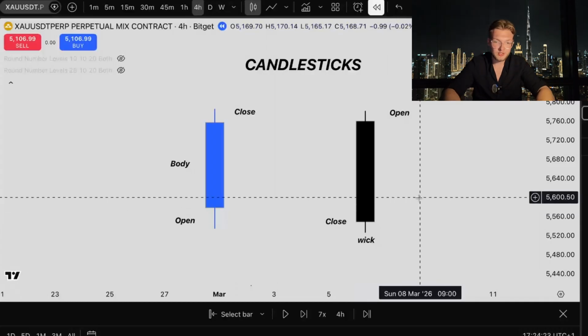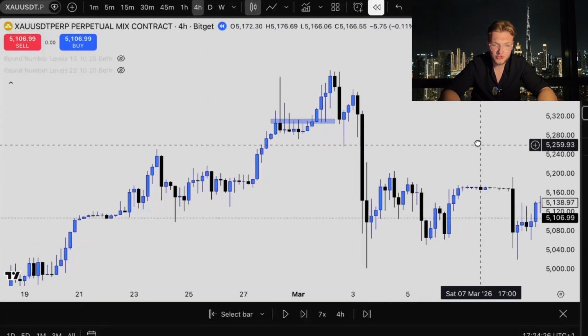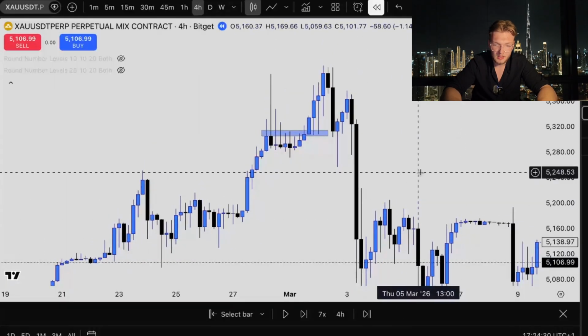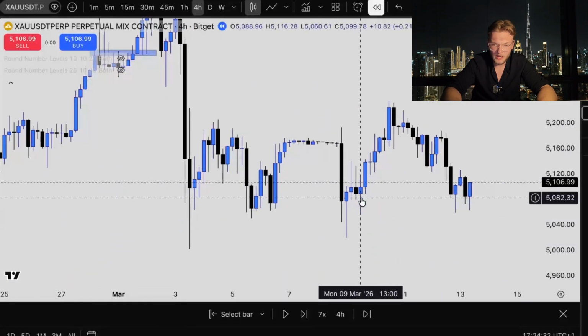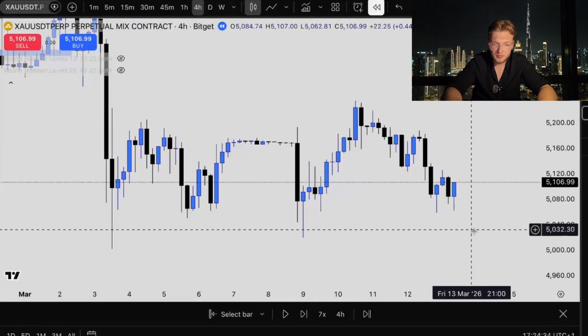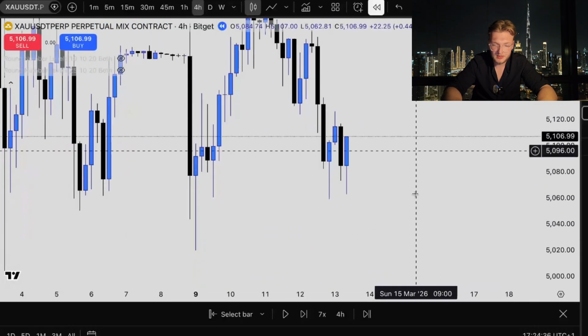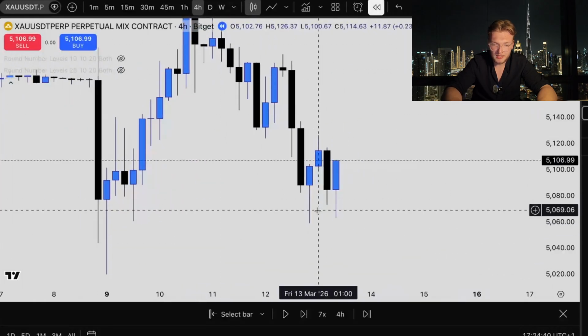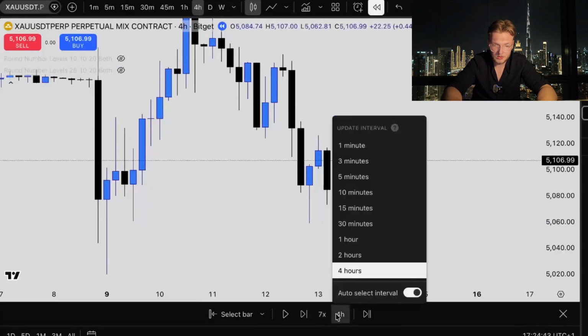And this is just how a candle looks. In the live chart it looks of course like this. So let's just take for example where we are right now. This is all the previous market, and this is how the market looks right now. I just went back in time to show you exactly how this looks. For example, a candle in the 4 hour time frame would move like this.